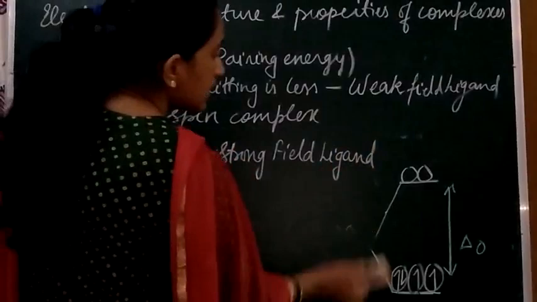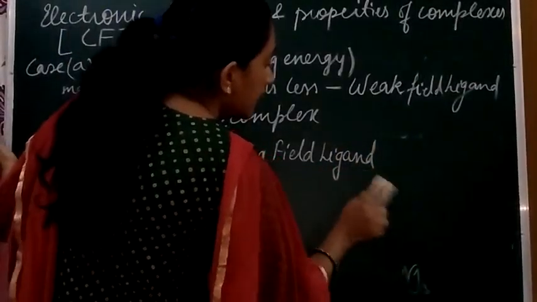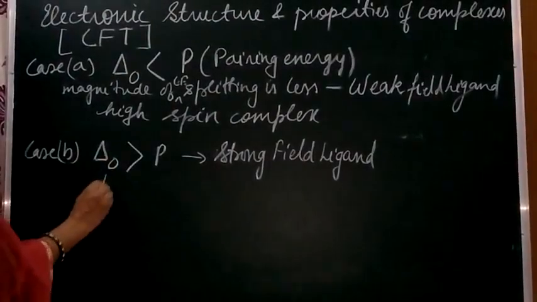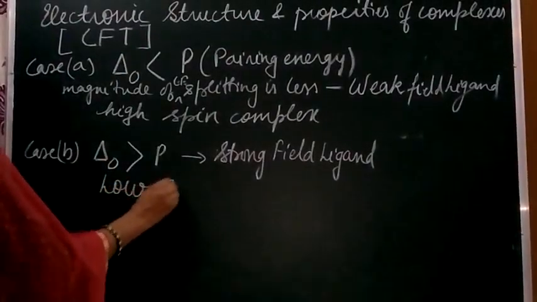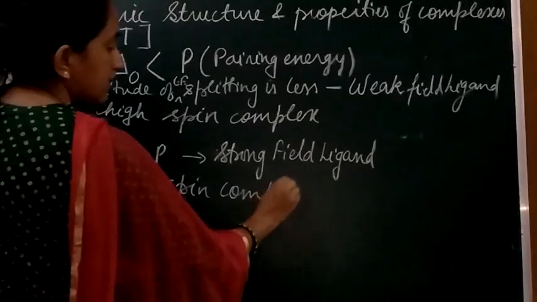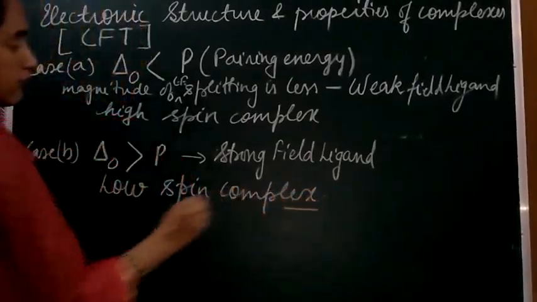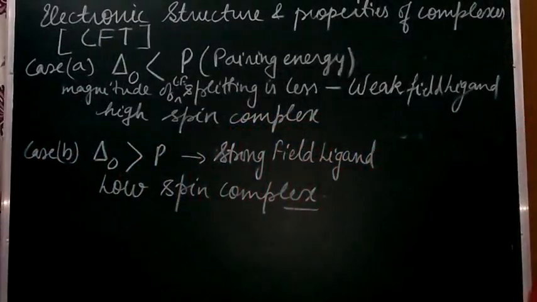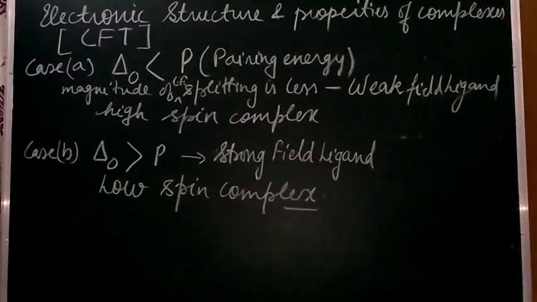The magnitude of crystal field splitting will be more than the pairing energy, and hence the pairing will take place and a low spin complex will be formed. So the complexes which have strong field ligands mainly form low spin complexes, and those which have weak field ligands form high spin complexes, right students?